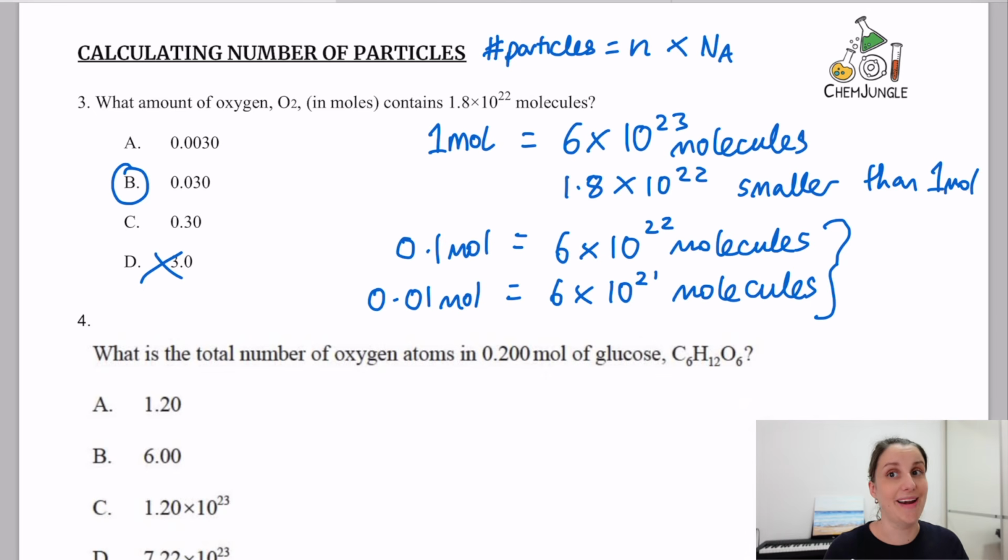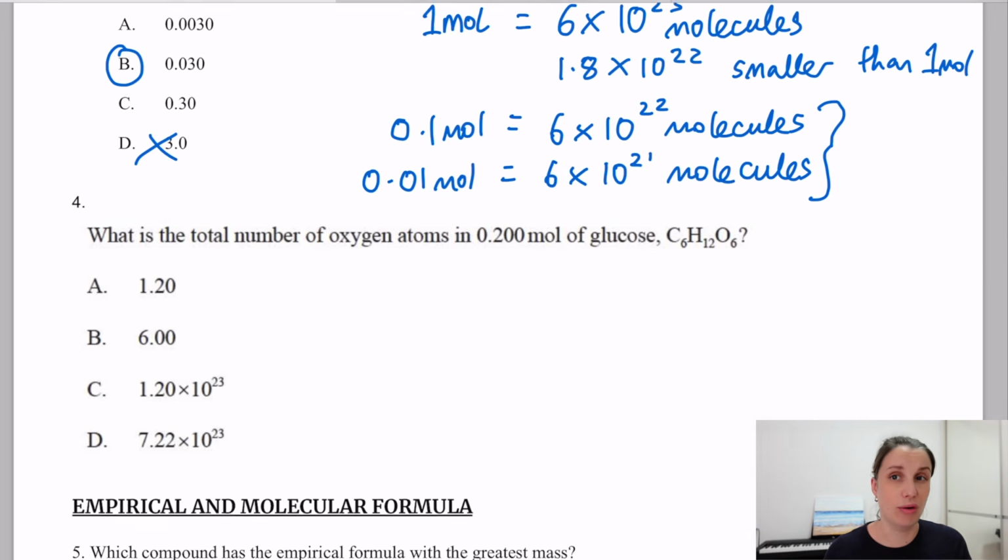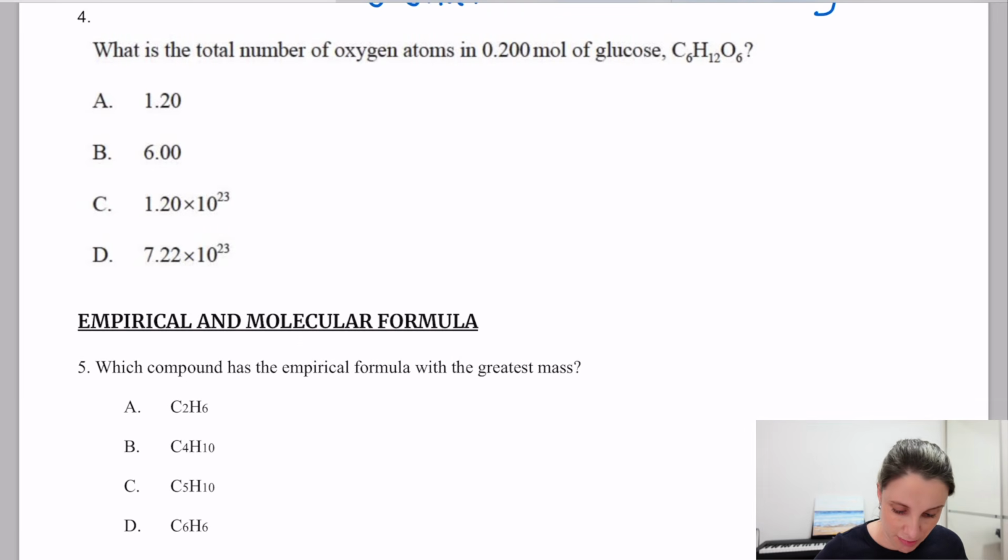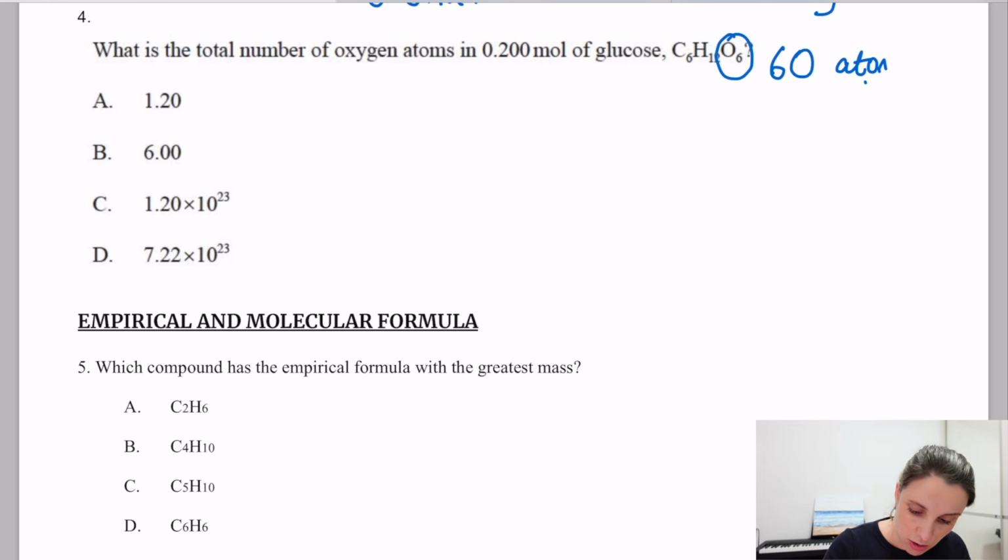Let's have a look at another one, because you need a lot of practice to get good at these and to get good at solving them without a calculator. So the next one, what is the total number of oxygen atoms in 0.2 moles of glucose? Firstly, you should identify that there are 6 oxygen atoms within this formula.